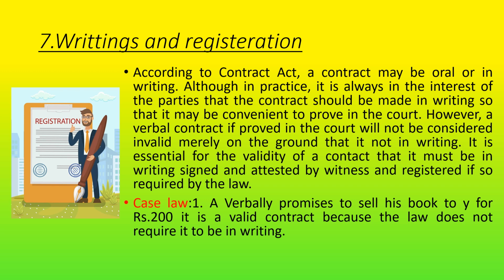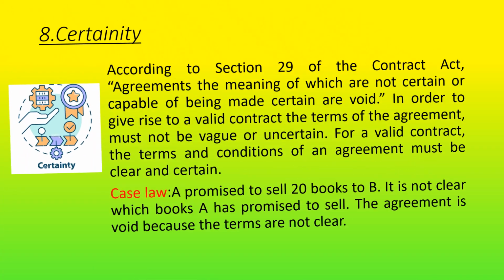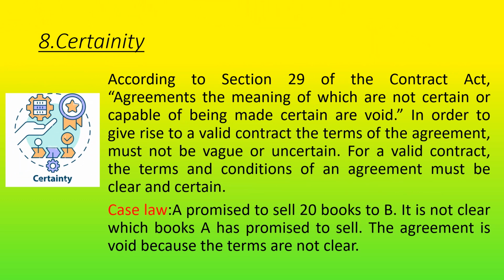In this case law, a person verbally promises to sell his book to Y for rupees 200. It is a valid contract because the law does not require it to be in writing. Certainty.